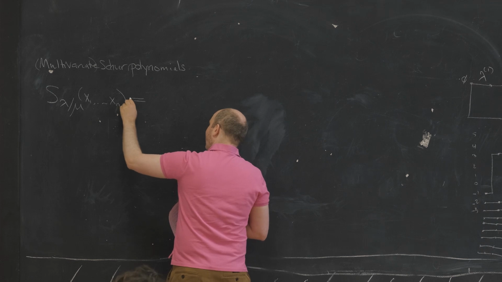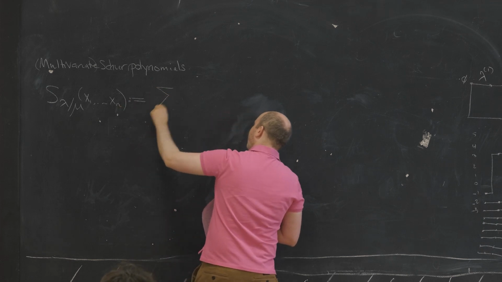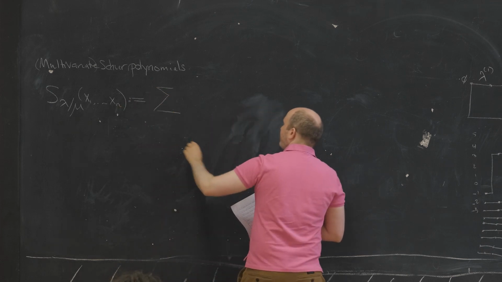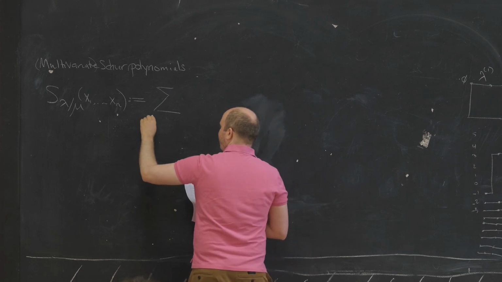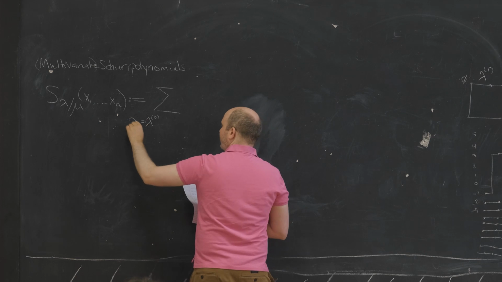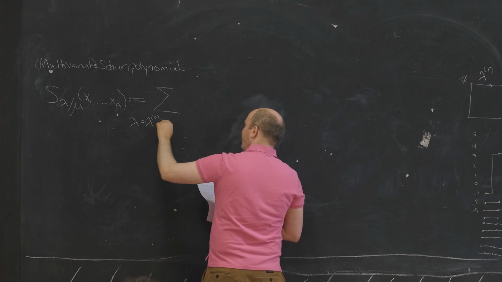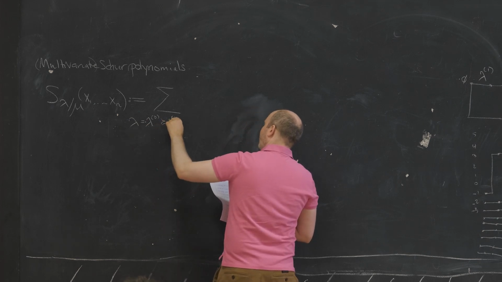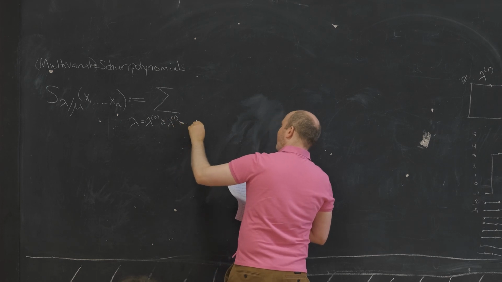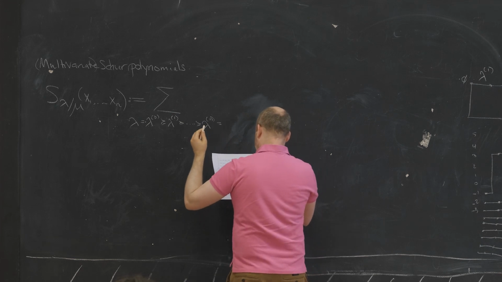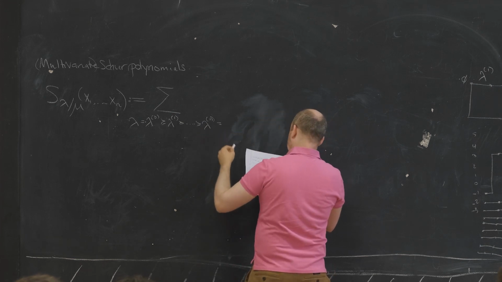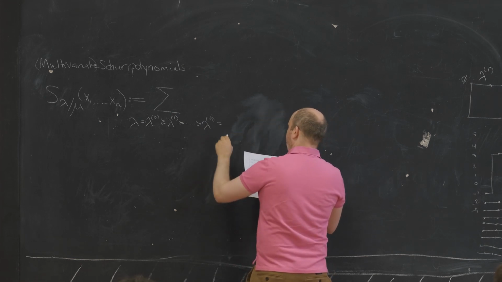So this is defined as the summation. I imagine that I have lambda 0 equal to lambda, and that this should interlace with lambda 1 all the way down to lambda n, which should equal mu.